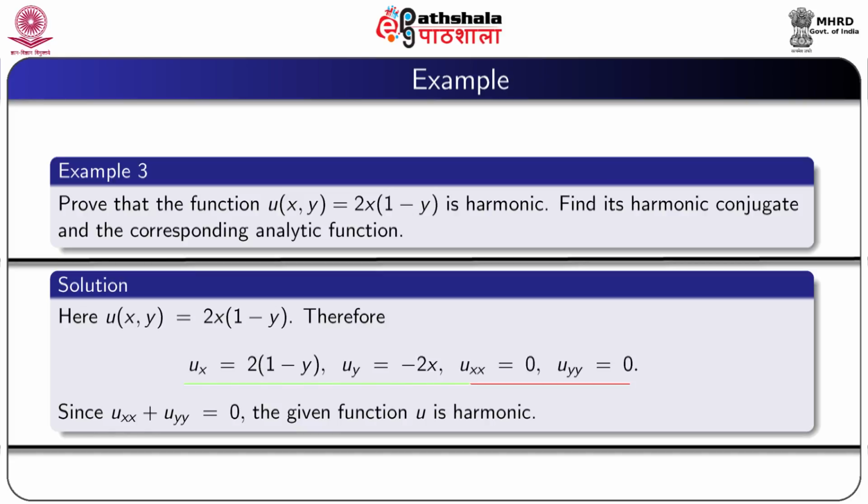Differentiating again with respect to x and y respectively, we obtain del 2 u del x 2 equal to 0 and del 2 u del y 2 equal to 0. So, this gives del 2 u del x 2 plus del 2 u del y 2 equal to 0. Therefore, the given function is harmonic.